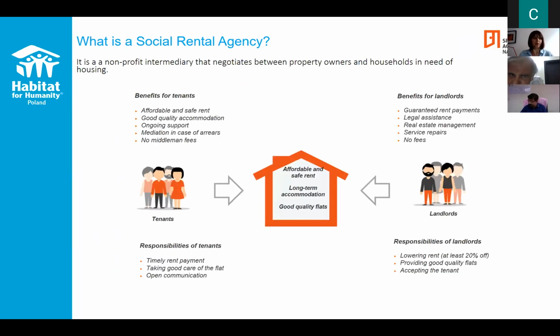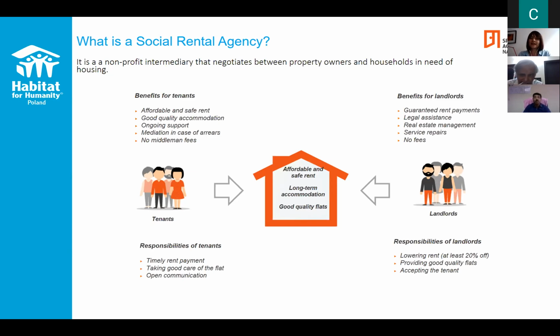So here's the model of the social rental agency as we have it here in Poland. We work as a middleman, the intermediary, and we connect two elements: landlords with the tenants.